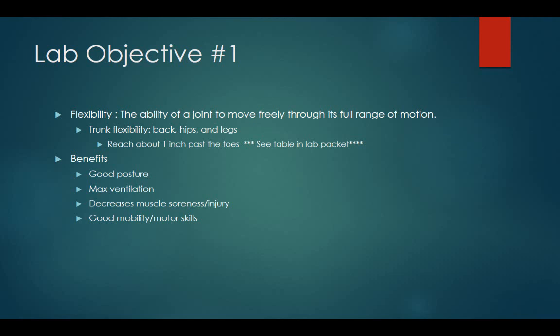Flexibility will also decrease muscle soreness and injury. Obviously when you exercise, you're going to do some stretching to help decrease your muscle soreness, but doing that pre and post will help with injury as well. And obviously good mobility, being able to bend down and not pull a muscle, and different motor skills such as that.